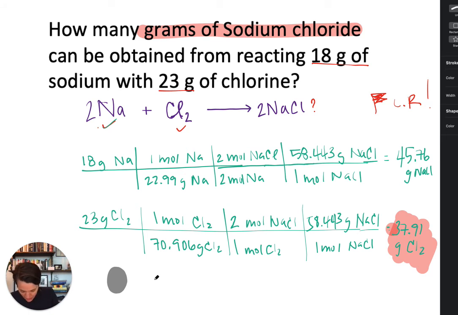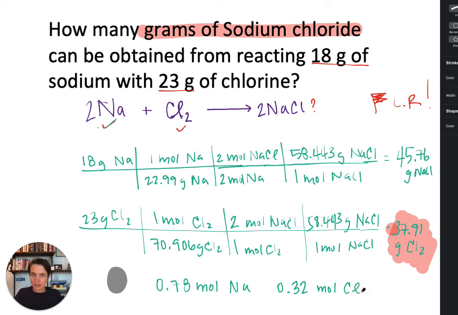Okay, so we know that we have 0.78 moles of sodium. And then we have 23 grams of chlorine. Divide that by its molar mass. Okay, so this is the number of moles we have, right?